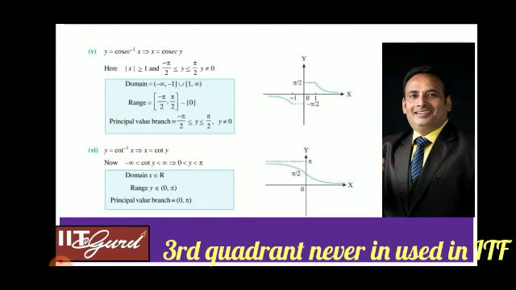Here you see cos inverse x, cot inverse x range is 0 to pi. Sec inverse x, 0 to pi, difference pi by 2, so the ranges are between 0 to pi. So they are sharing the first and second quadrant.